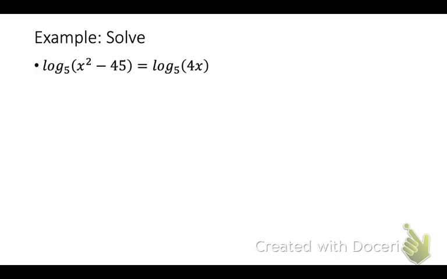What's my base? So 5 to the log base 5 of x squared minus 45, and 5 to the log base 5 of 4x. Can I do whatever I want to an equation? Yes, but you have to do it to both sides.